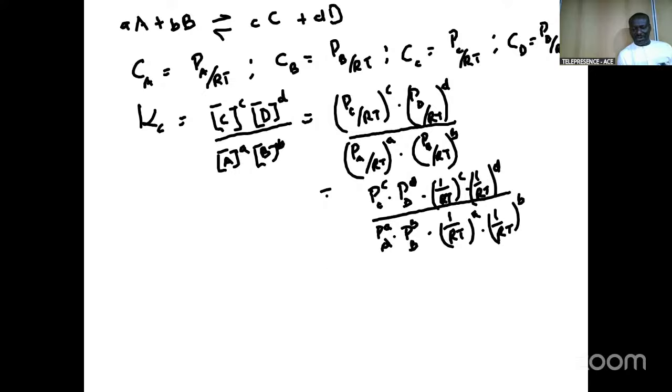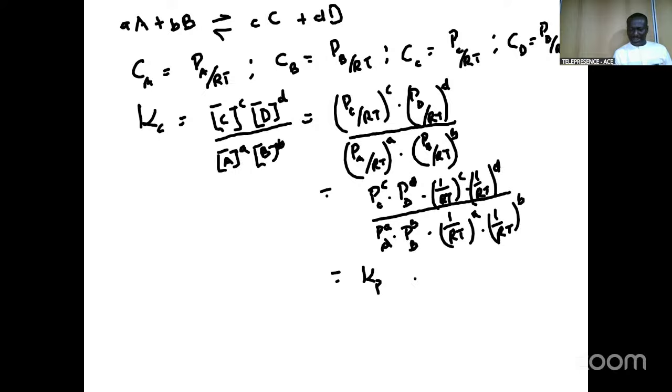Now all the terms here stand for the equilibrium constant in terms of partial pressure. So let's say this is Kp. Now let's deal with this constant. This of course becomes, let's see what that's going to give us.